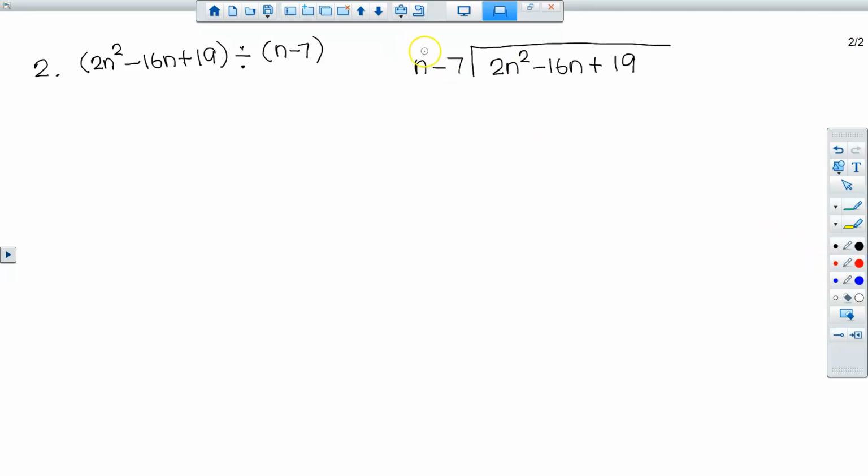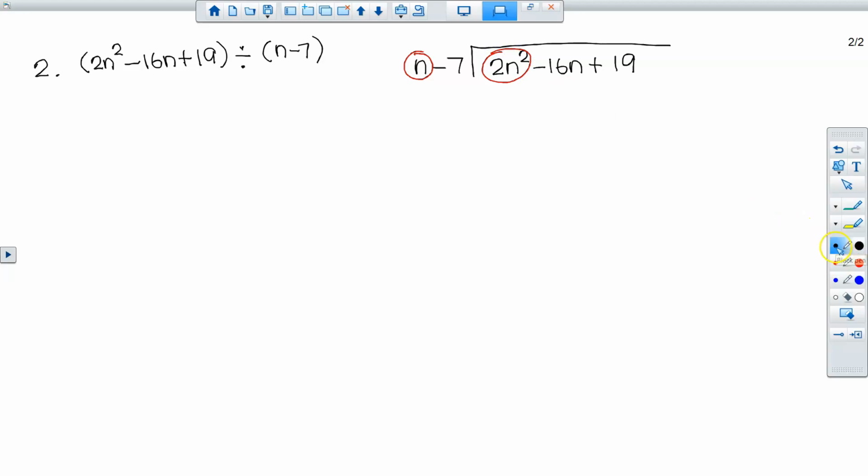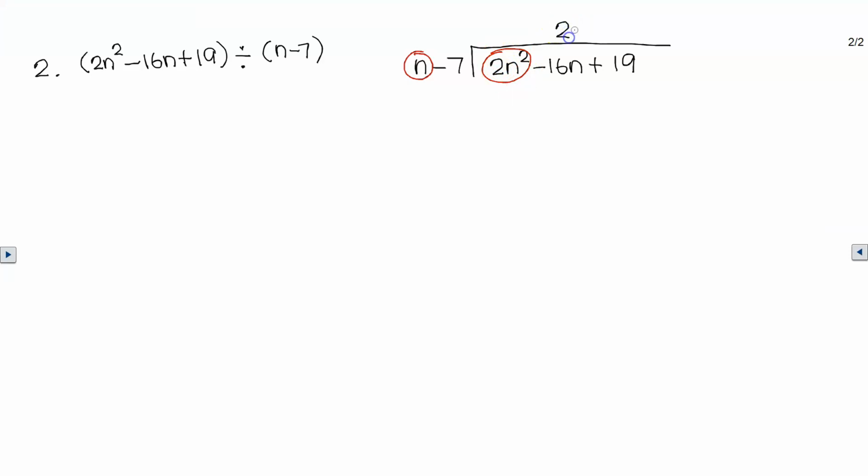All right, so we begin with how many times will n go into 2n squared? So what would I have to multiply times n to get 2n squared as the answer? Well, n times 2n would give me 2n squared, so n will go into 2n squared 2n times.